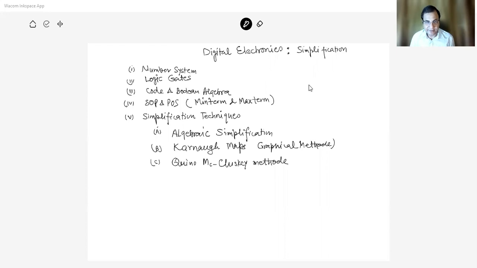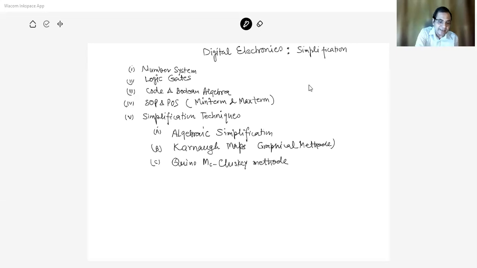These topics are used in designing digital circuits, and a given circuit can be simplified in order to reduce the complexity.